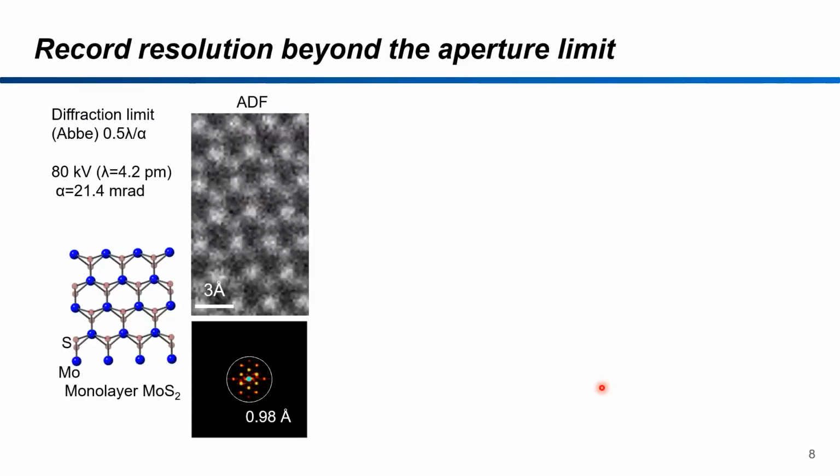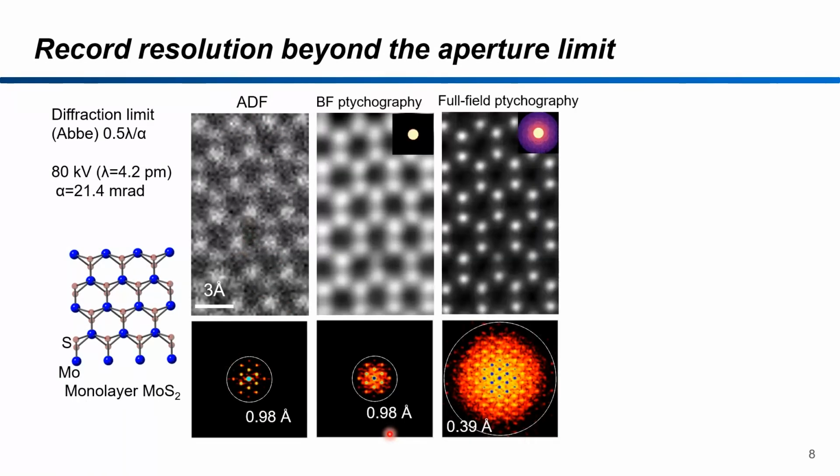So when we started doing ptychography, we used the direct detection camera EMPAD, and we chose the same two-dimensional sample MoS2. You can see from the synthesized annular dark field image from its 4D data set, we have this 1 angstrom spatial resolution.